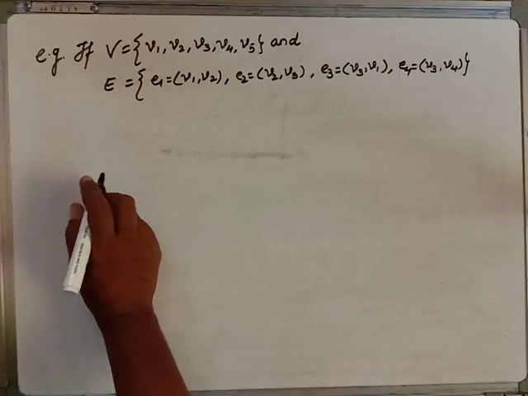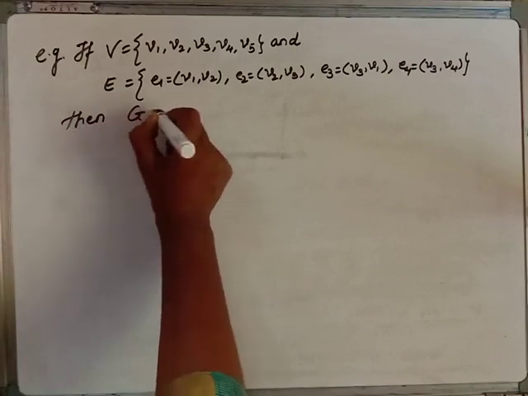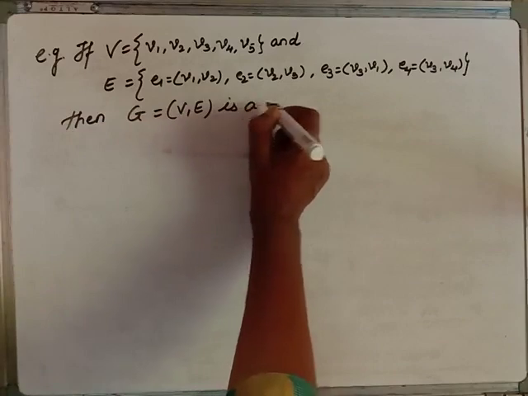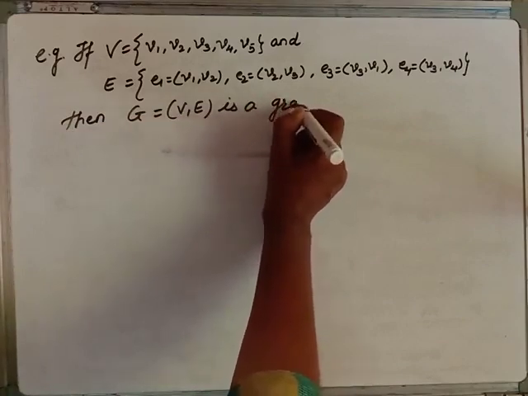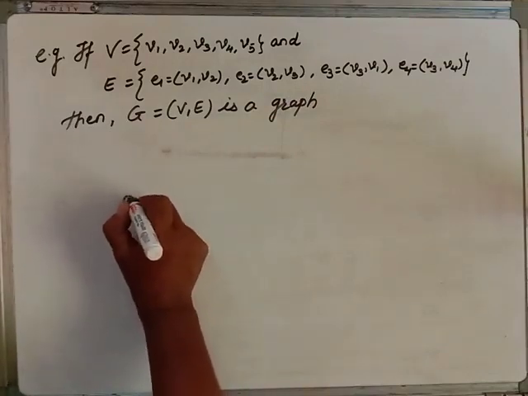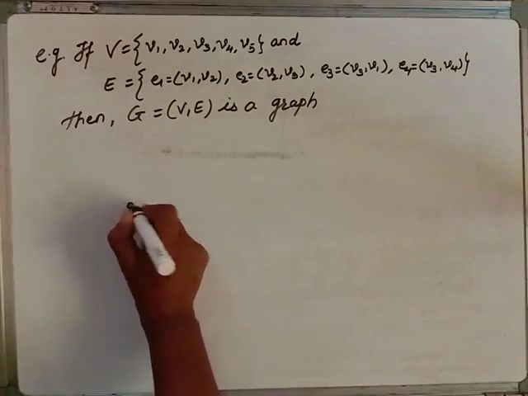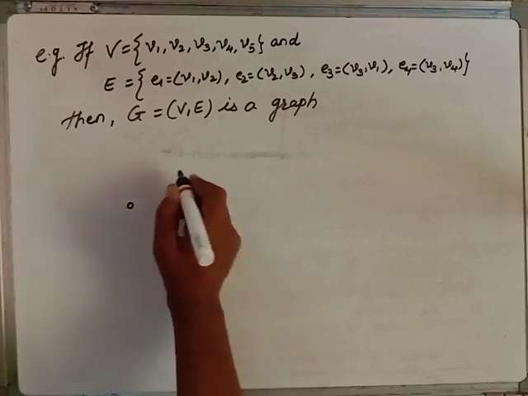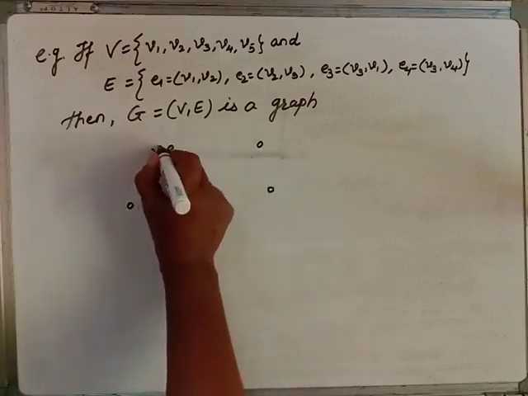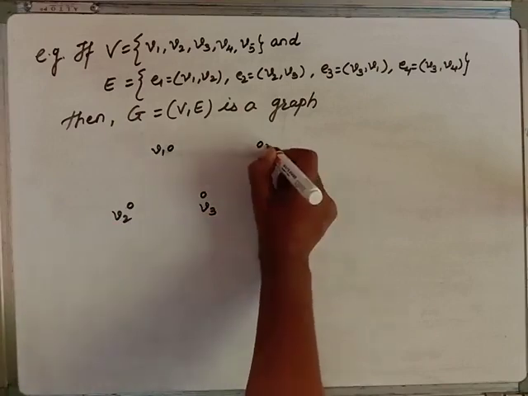Then G, the graph between this V and E, how can we show it? Vertices are denoted by points or small circles, so let me use small circles: V1, V2, V3, V4 and V5.